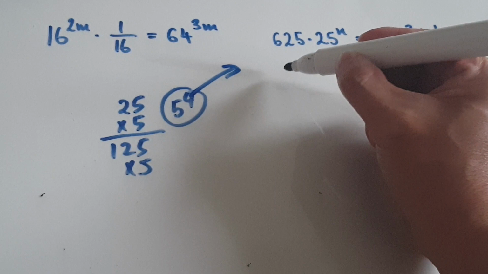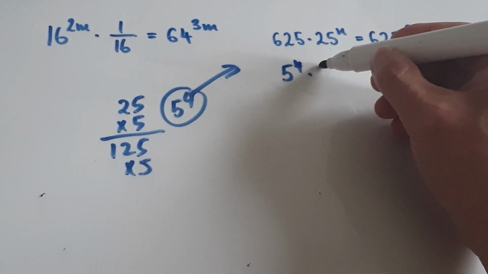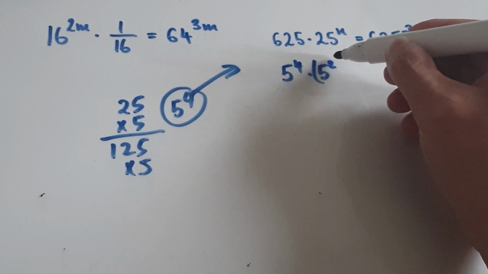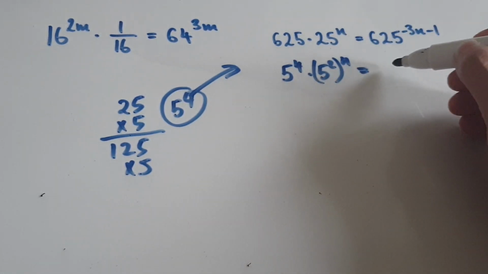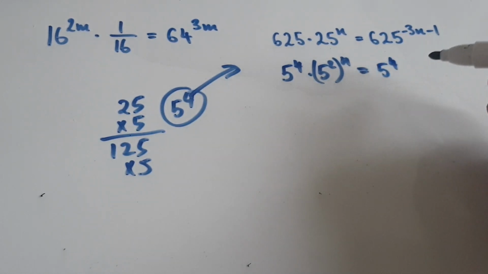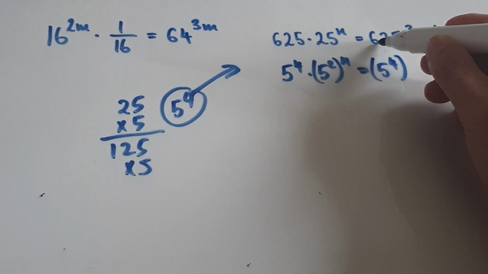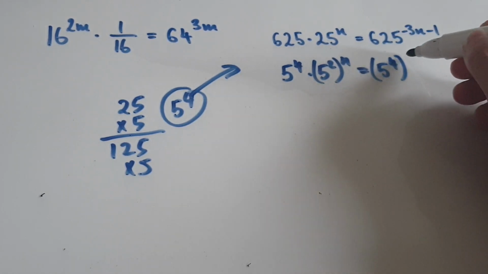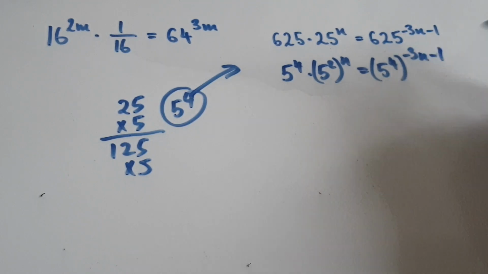Have a quick glance at this. You can rewrite this as 5 to the power of 4 times 5 squared to the power of n equals 5 to the power of 4, that's the 625, and then to the power of negative 3n minus 1.